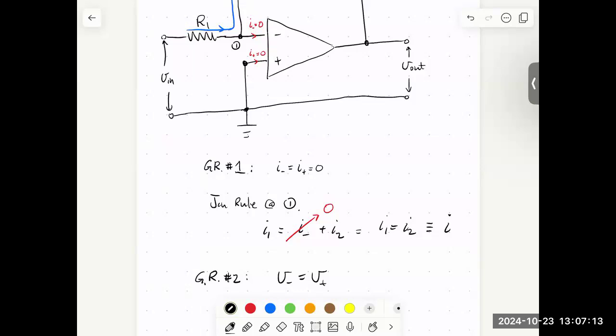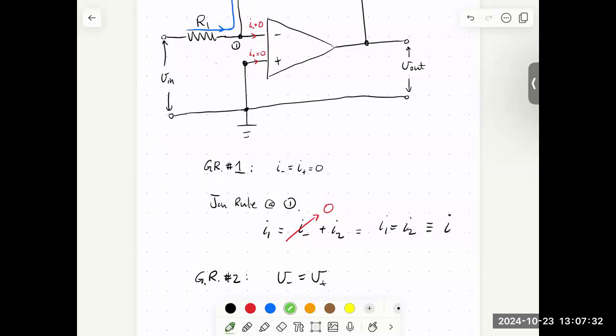That's true some of the times, but it's not true all of the time. What we are saying is that these voltages have to be equal. They have the same value. It's not necessarily 0. Sometimes it will be. In fact, in this case, they are 0.